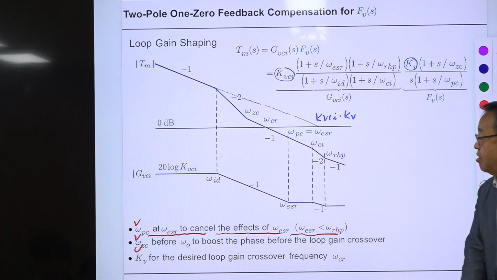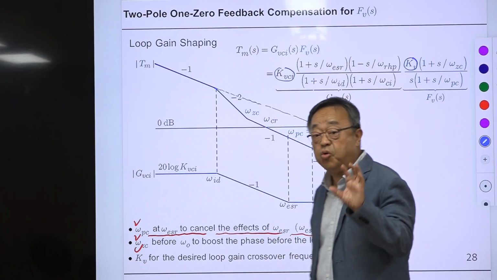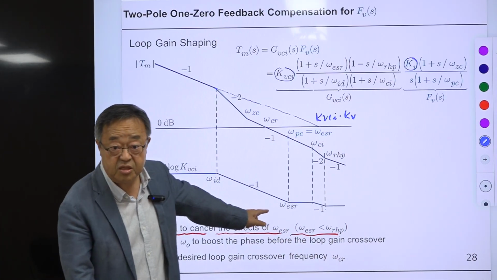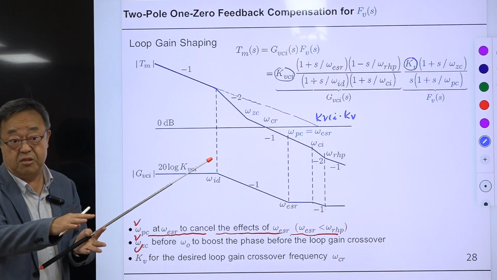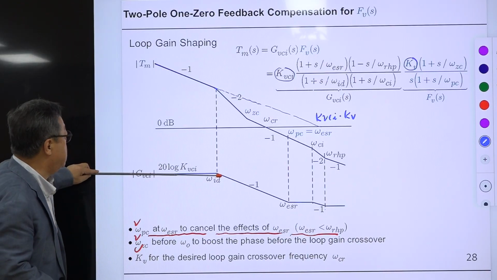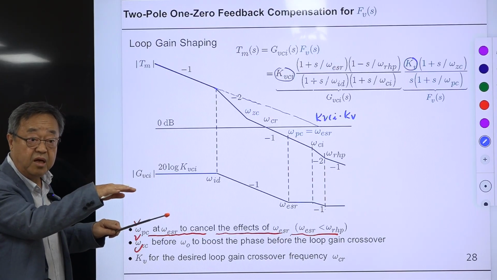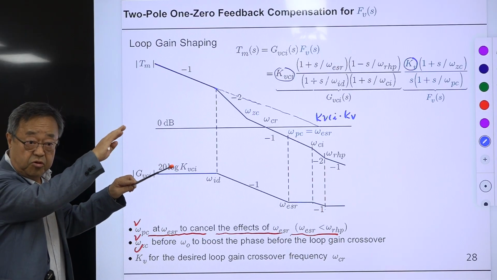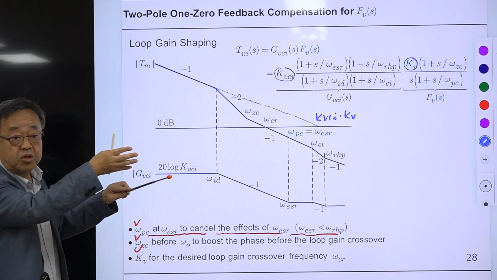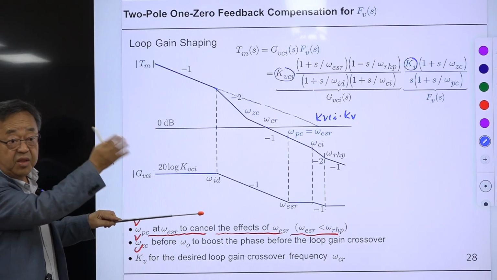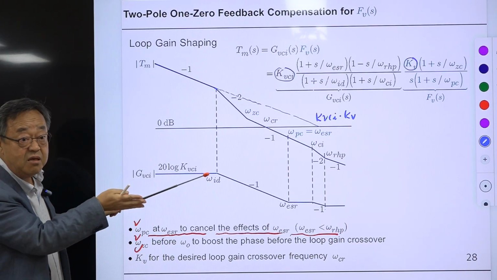Omega naught is the power stage double pole. It's not shown here because it is cancelled. This is derived using the current loop in the denominator, and in the numerator there is the control to output transfer function times the modulator gain, and that omega naught is cancelled.